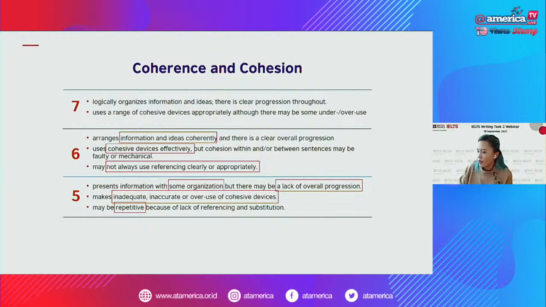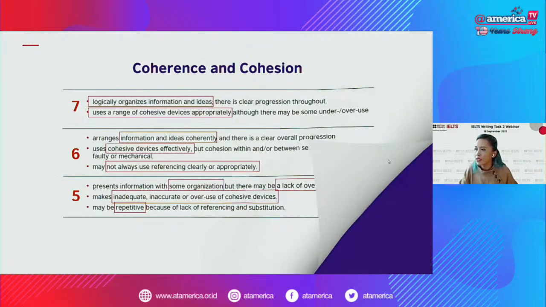For example, for mobile phones, replace it with one or ones when you're referring to it. For families, instead of repeating families, you can say them, right? This is slightly related to the lexical resource as well. And that's for band 7.